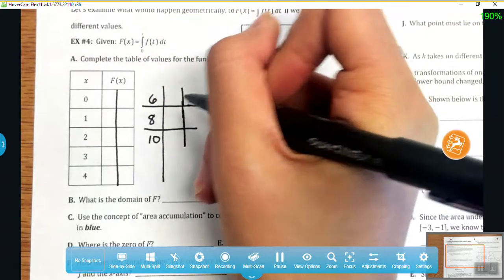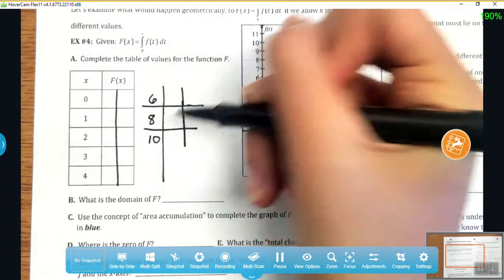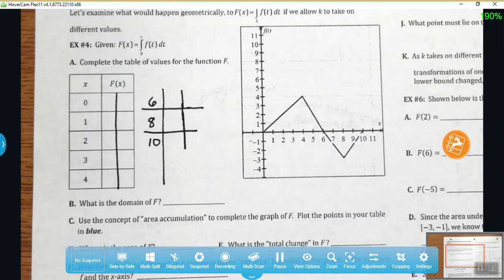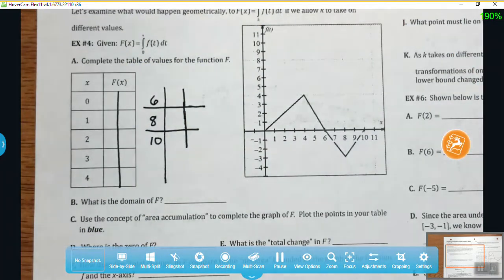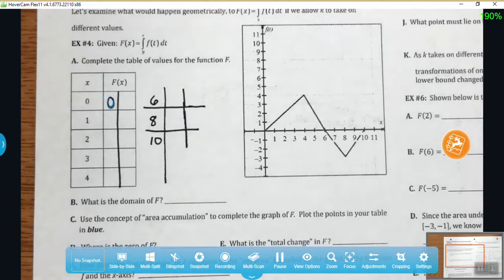But just put your answers here for this integral. We're going to use the same graph for the second one. So if we're integrating from 0 to 0, then your f of x would be 0, and then go from there.